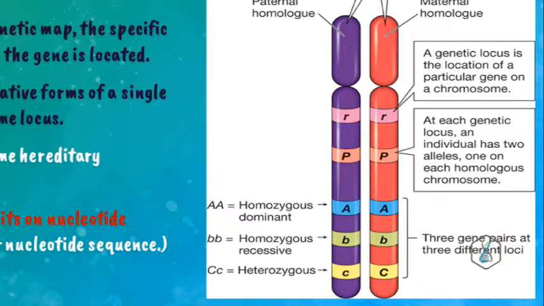Here, the capital A refers to the homozygous dominant condition. Small b refers to the homozygous recessive condition, and capital C, small c is termed the heterozygous condition.